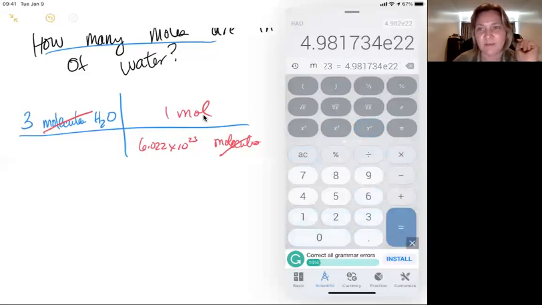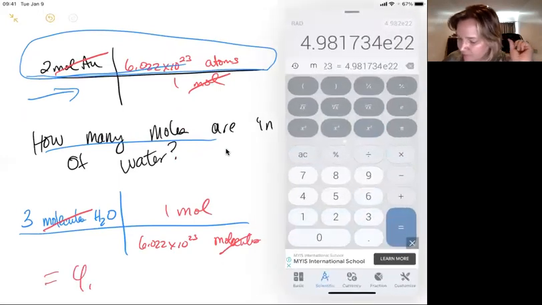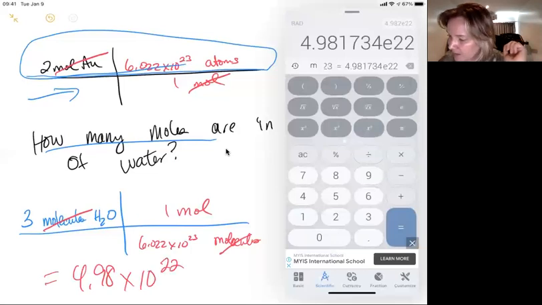Okay, so what I wanted to mention is, I'm just going to write this number down here so I can use that as an example of what I wanted to mention.